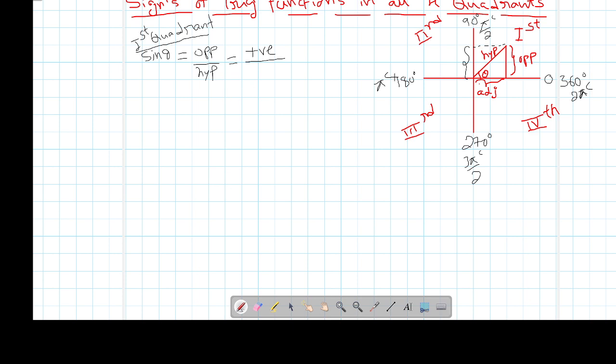What is the definition of hypotenuse? If you apply the Pythagoras theorem, the hypotenuse square will be equal to the sum of the squares of the other two remaining sides, adjacent square plus opposite square.